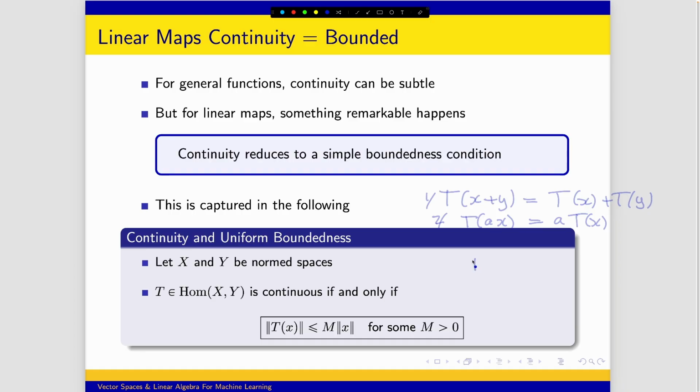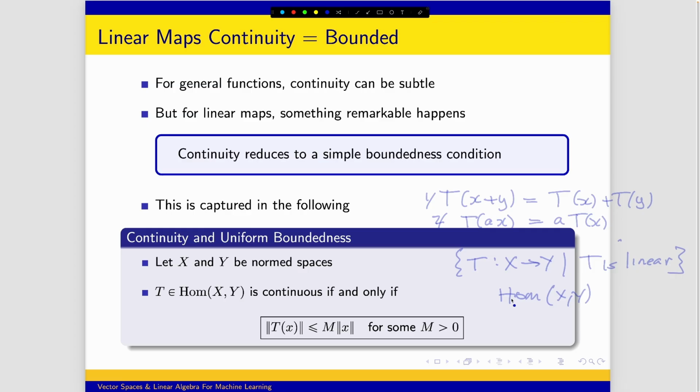And the set of all maps T such that the vector space X maps to Y, so elements of X map to elements of Y, such that T is linear in this sense, the set of all of these we denote like this, hom(X, Y). So what does this mean?